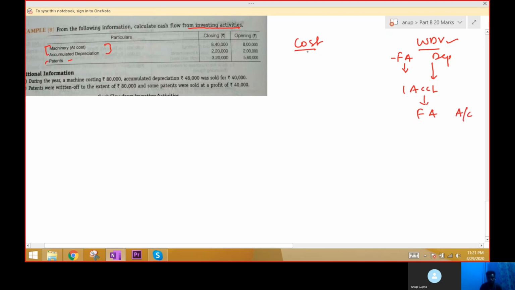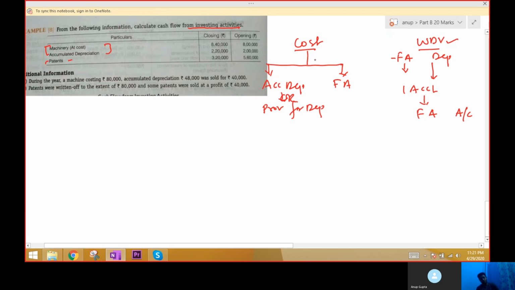Under the cost method, since the value of the asset remains the same throughout the year, two accounts are maintained. One is the fixed asset account, another is accumulated depreciation, also known as provision for depreciation account.